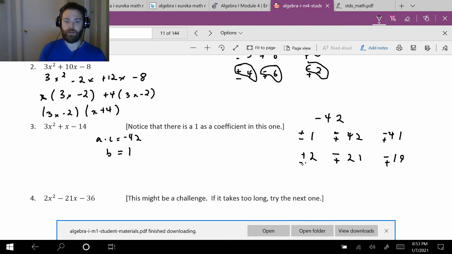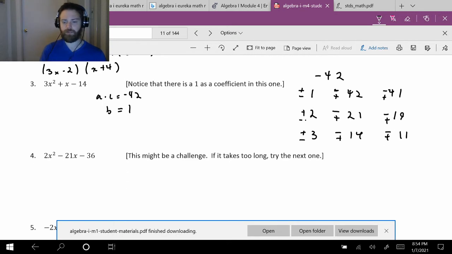And then I've got plus minus 3 and minus plus 14, which is going to give us negative positive 11. And then let's see, I don't think it's divisible by 4. Yeah, it's not divisible by 4, so you can use your calculator to do this if you need some help with it.